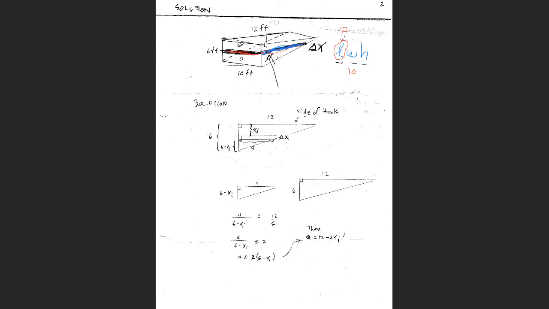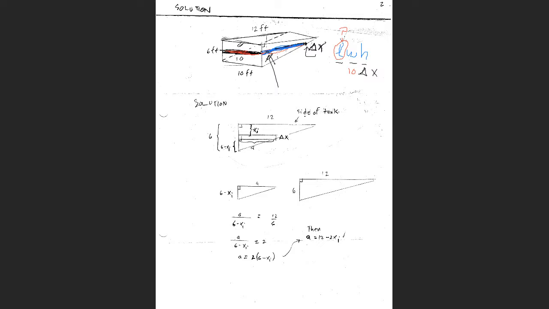That's right. Almost right, Noah. It's just going to be delta x. That's the height. That's the height of your ith layer of water. Here, there it is, right there. And that height is delta x.